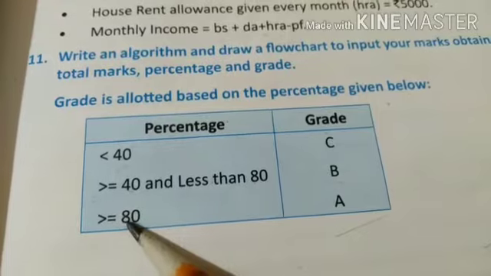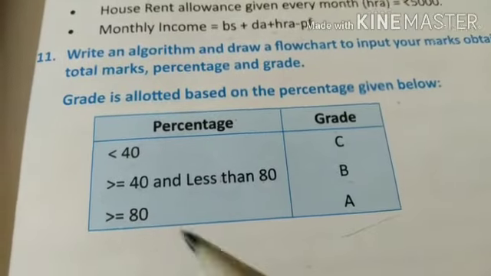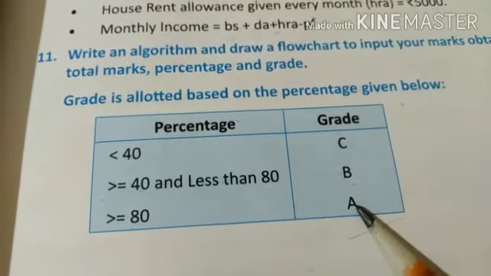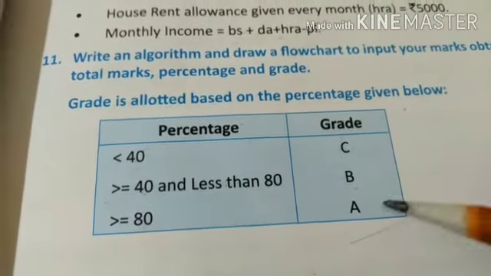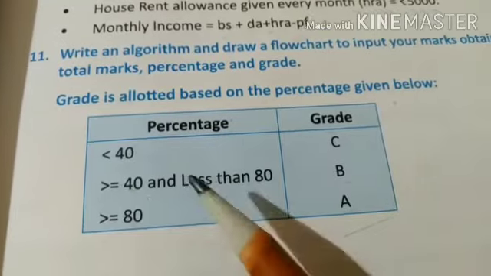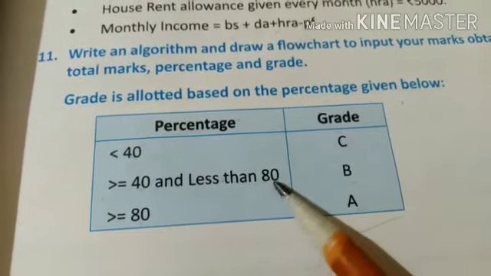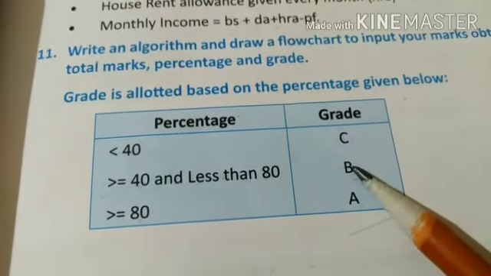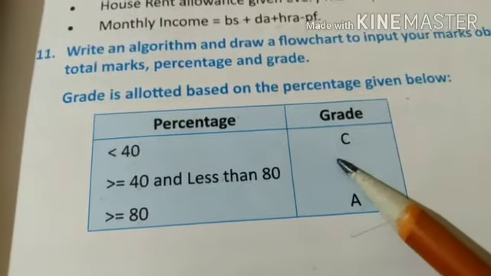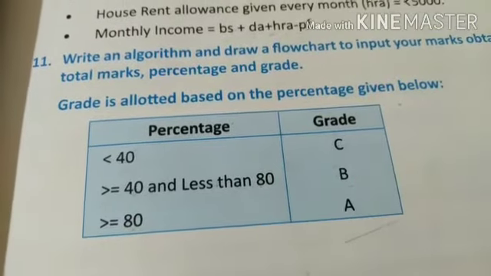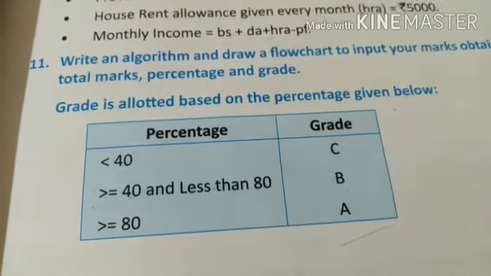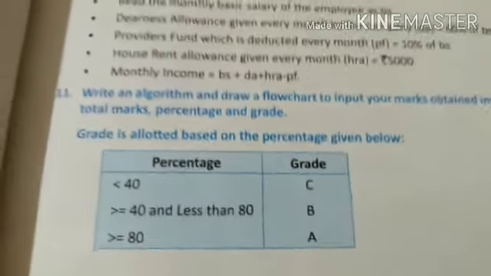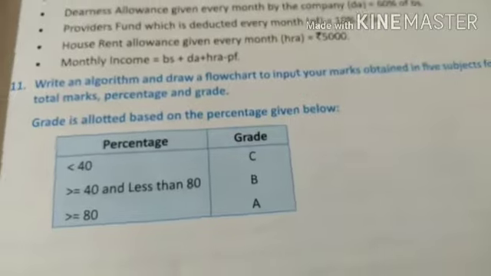And if it is equal to 80 and above, then it will be A grade. Means from 80 to 100 it is A, from 40 to 79 it is grade B, and below 40 is grade C. So this is the practical question which we require in our daily life.